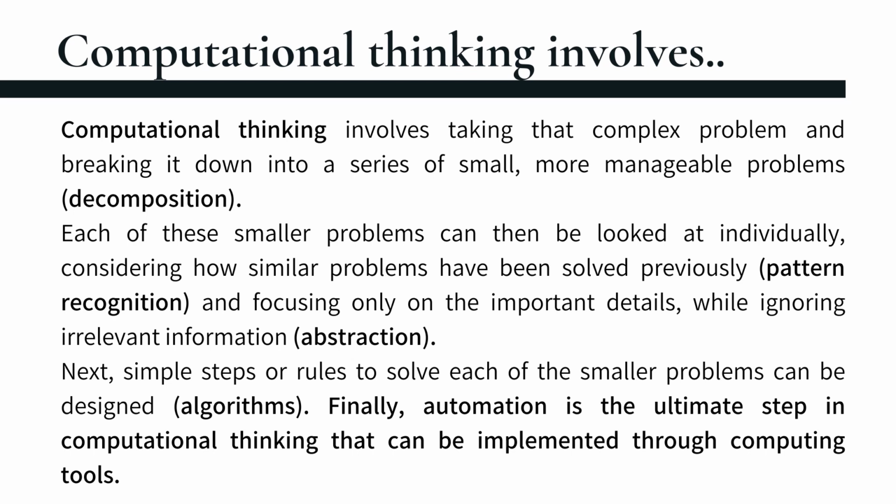All right, followed by focusing only on the important details while breaking the complex problem into smaller parts. We need to focus only on the important details while ignoring irrelevant information. This process is called abstraction. We abstract away any irrelevant information, any not so important details. This is called abstraction. Okay, and then we have simple steps or rules to solve each of these problems.